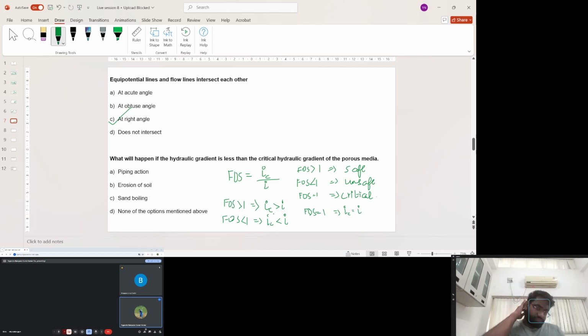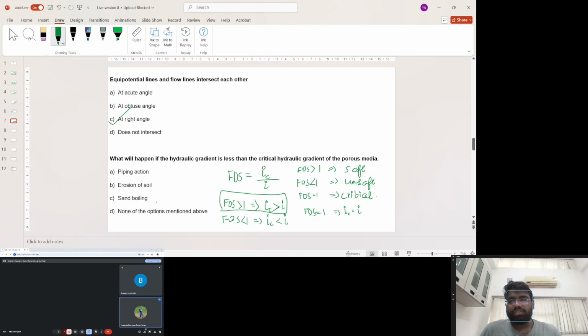Right? Now what we have been given in the question is that the existing hydraulic gradient is less than the critical hydraulic gradient. So that means I is lesser than IC. So this falls under the category of the first condition where the factor of safety is greater than 1. Hence it falls under the safety condition.